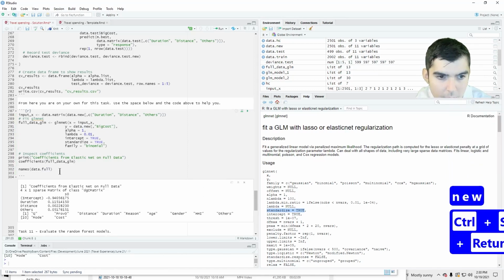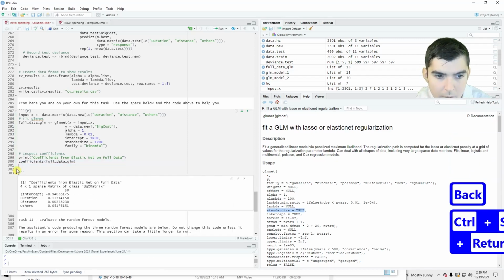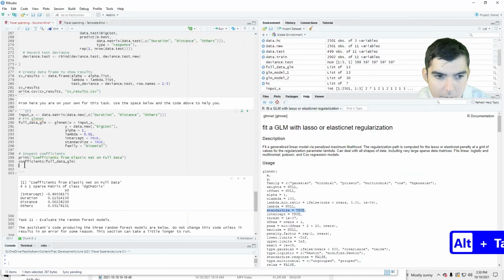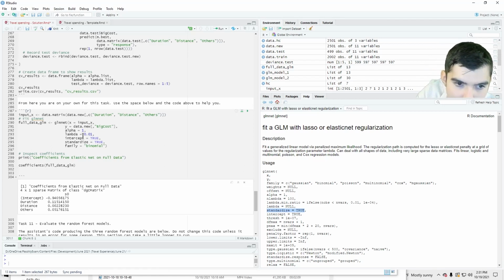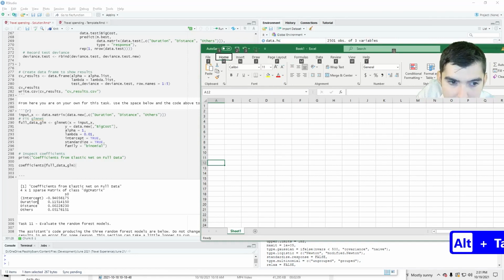Okay, get rid of that. So there's the coefficients. Let's put this into a table too. It's always annoying to put this result into a CSV file because this is this weird matrix. It's using the row names instead of the actual columns. So in this case, it's actually faster to just copy and paste.